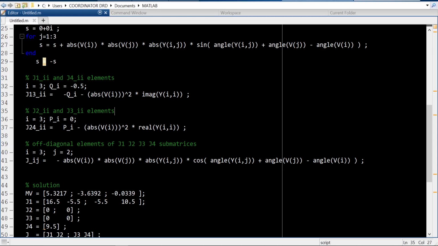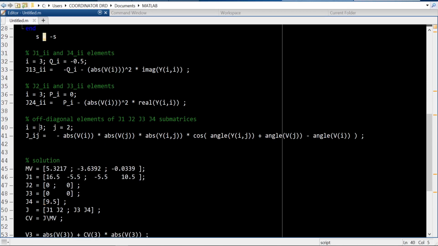So for the off diagonal elements, I equals 2, j equals 3, and minus is there, and I want to use sine. So minus Vi, Vj, Yij magnitudes into the sine of the angles, where i and j are 2 and 3.